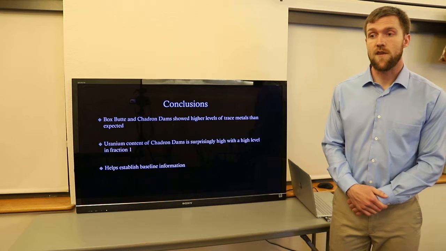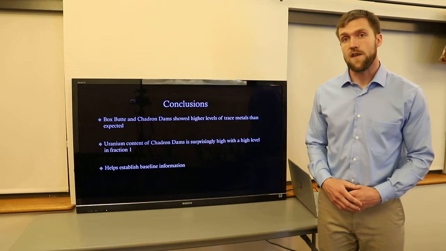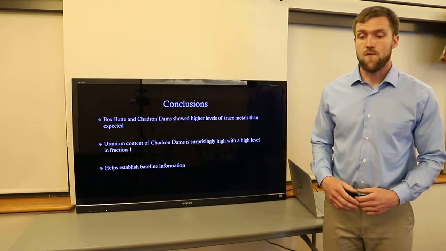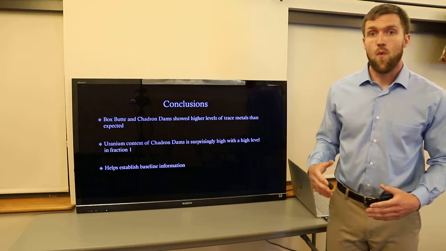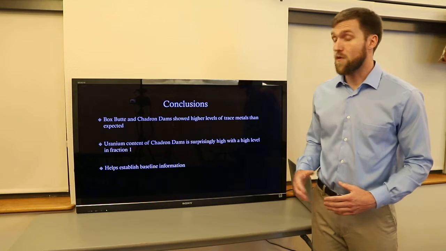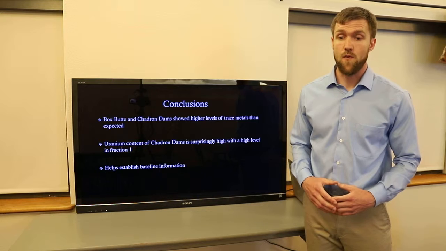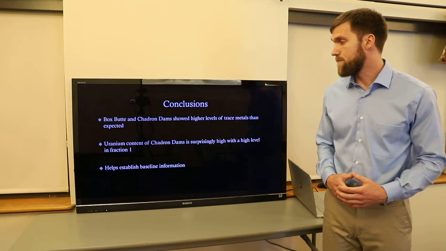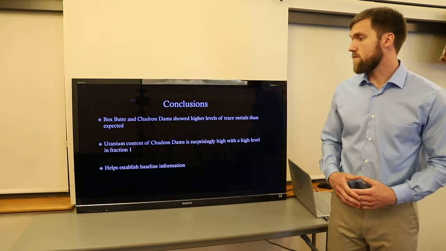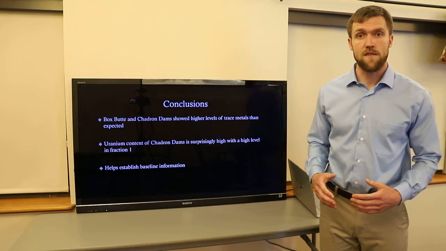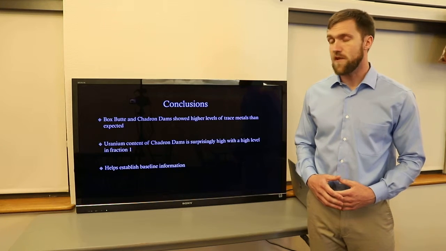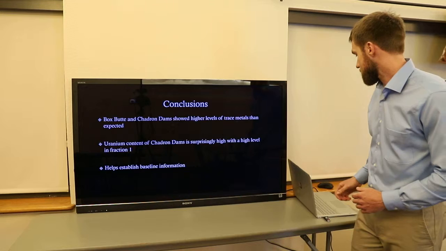So again, this is the fraction that is most available to the environment. So I really would like to know why that is, and are we actually seeing this enter the water and the drinking supply of the town. Finally, the results of this will help establish baseline information for the students that plan to follow up this research.